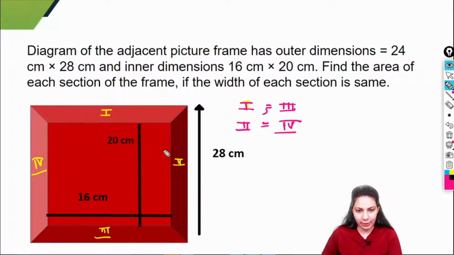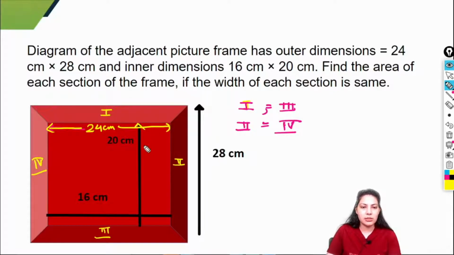So the dimensions given here, this is 28, and let me write over this different thing. This is 24 centimeter, this is 20 centimeter, and this is 16 centimeter.